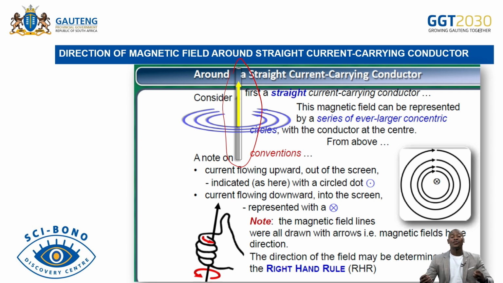And then to represent the strength of the field, whether it's a magnetic field or electric field, when the lines are close together, it means the magnetic field at that point is stronger, right? When the field lines are far apart, it means the magnetic field is weaker, all right? Same thing with this topic.